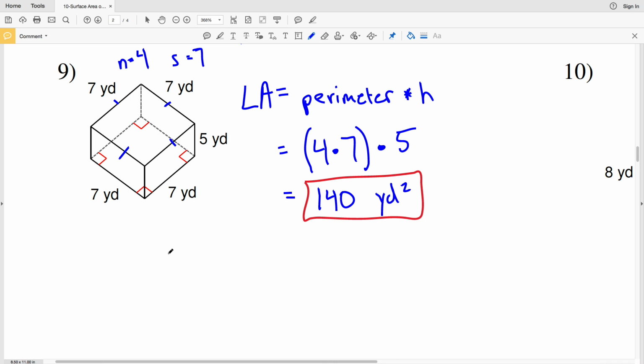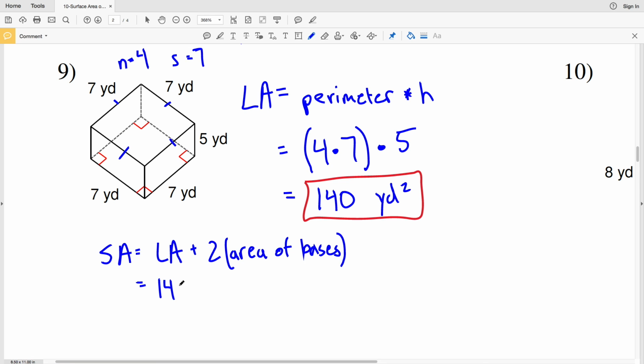And now let's move on to the surface area. The surface area is equal to the lateral area plus the area of both of the bases. So since there's two bases, it's going to be 2 times the area of one of the bases. So we have the lateral area of 140 yards squared, and we're going to add that to 2 times the area of the base, which is length times width, 7 times 7, or 7 squared, which is 49.